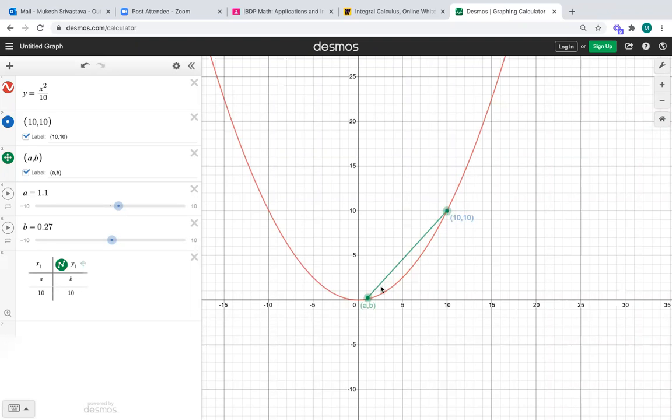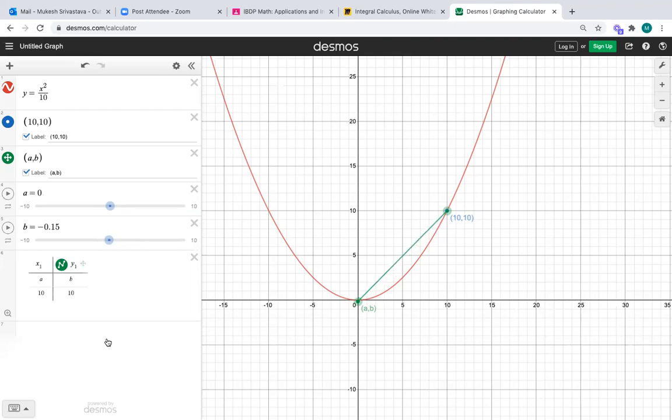The point 10, 10 is fixed. Suppose this point is here at 0, 0. What is the gradient when the point is at 0, 0? The gradient is 1.